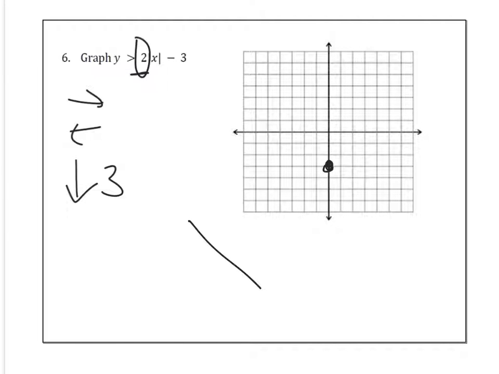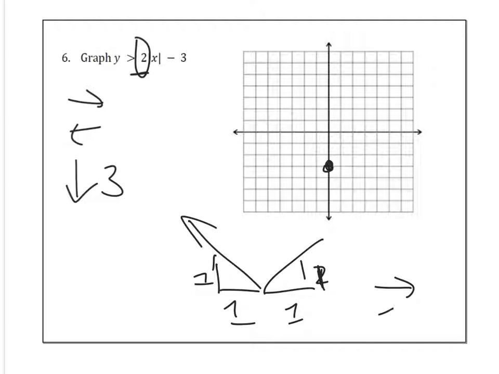But instead of being a perfect V where you go over 1 and up 1, then you do the same thing over here, you go over 1, up 1, what I want to do is actually go over 1 and up 2. So that's going to go like this.